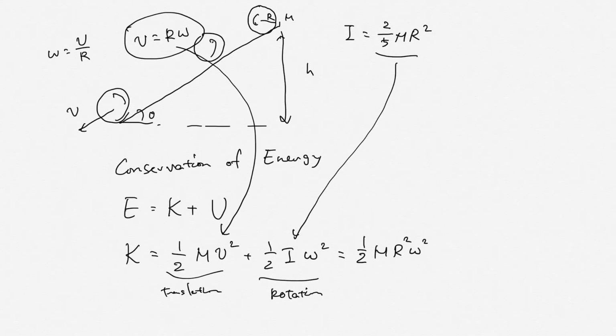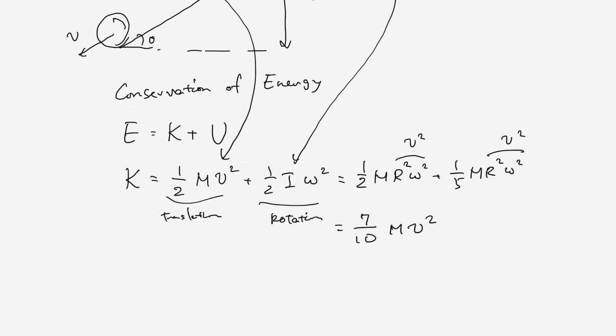If you substitute here, it becomes 1/5 m r squared omega squared, and this is equal to v squared. So it becomes 7/10 m v squared. This is the kinetic energy.